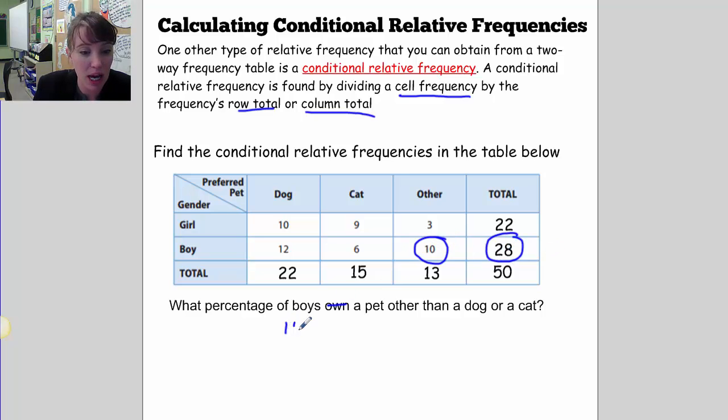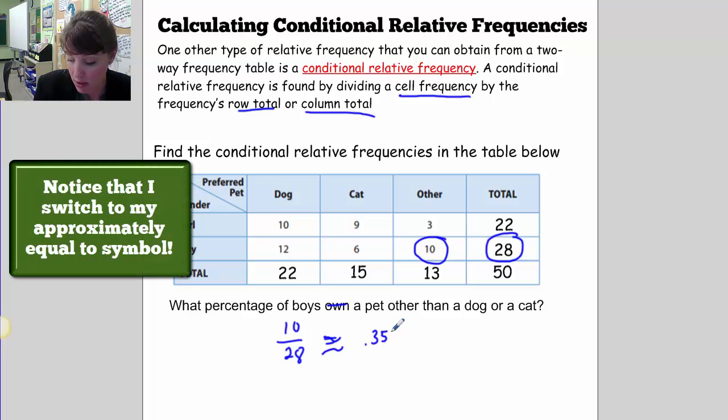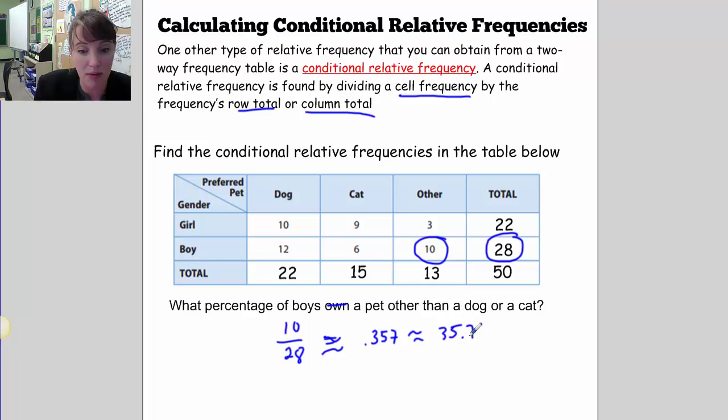Well, that would be 10 out of 28, which would be equal to, let's see, 10 divided by 28 is, and this one I'm actually going to have to round, 0.357 if I round to the nearest thousandth, which is approximately equal to 35.7%. And again, the difference with this one is you're taking a cell and you're dividing it by one of the numbers along the margins.